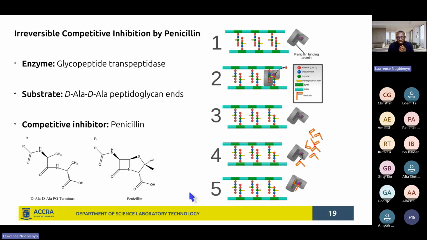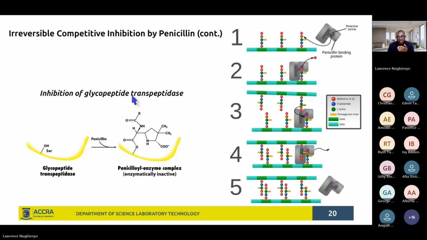And we can look at the activity this way: if this is the glycopeptide transpeptidase and the active center is shown here, serine, that reactive serine with OH on it, penicillin comes to bind onto that reactive serine to form a penicillyl enzyme complex and renders the enzyme inactive.